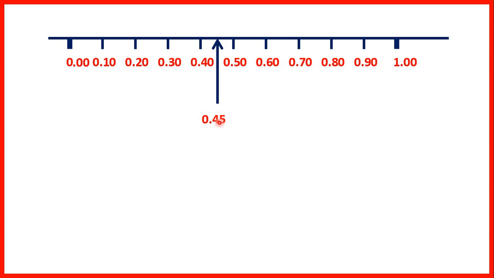That's right in the middle of 0.4 and 0.5. Now we have 0.65, and here the arrow is pointing right in the middle of 0.9 and 1, so that's 0.95, and that makes sense because 95 is right in the middle of 90 and 100.